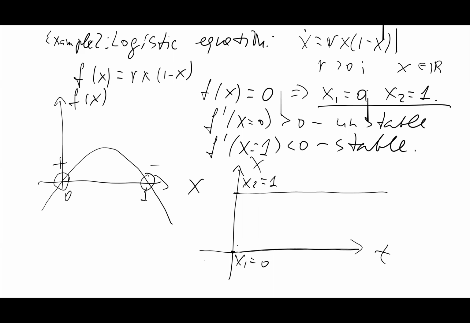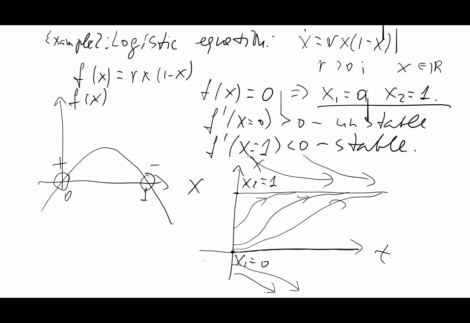And then here will be convergence to, something like this, and from here also. And here will be divergence. So again, x1 equal to 0 is unstable, and x2 equal to 1 is stable.